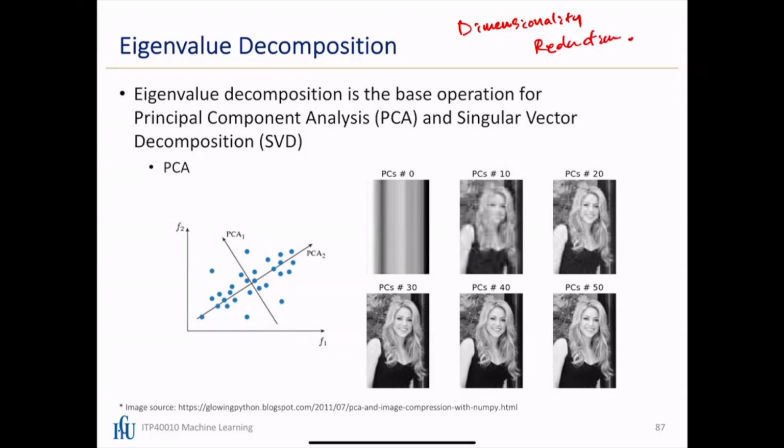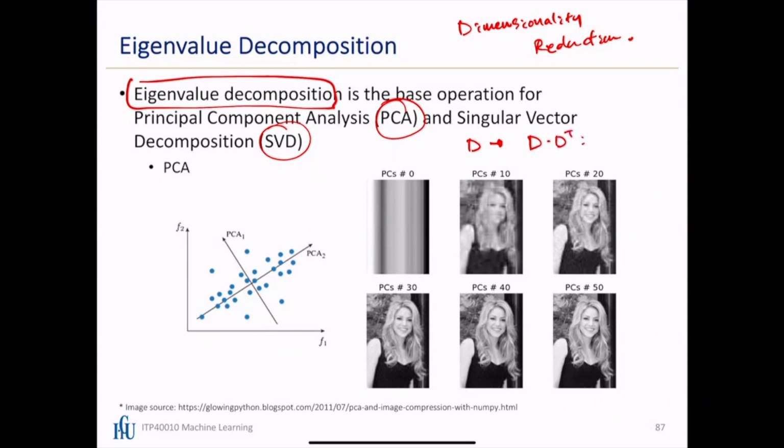And one of the players in this region is something called PCA and SVD. So SVD and PCA are two different dimensionality reduction techniques. The idea is basically eigenvalue decomposition. You have a data matrix, and using the data matrix, you sort of take the square of it, so D multiplied by D transpose.